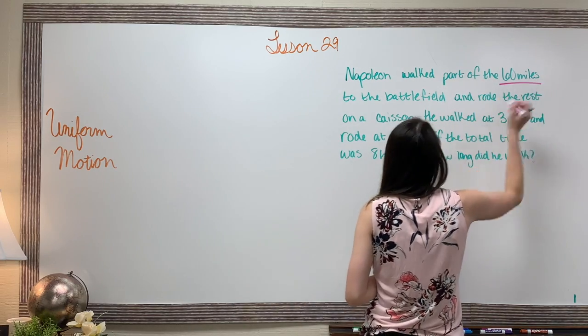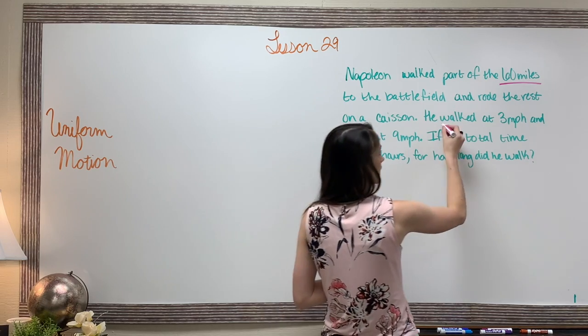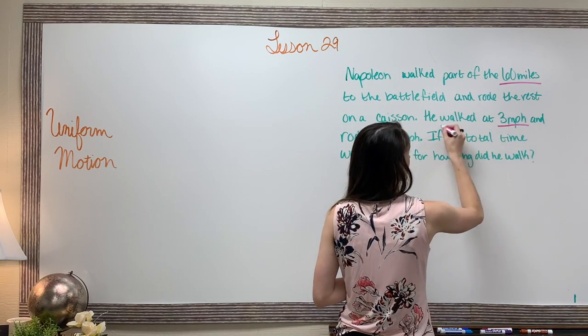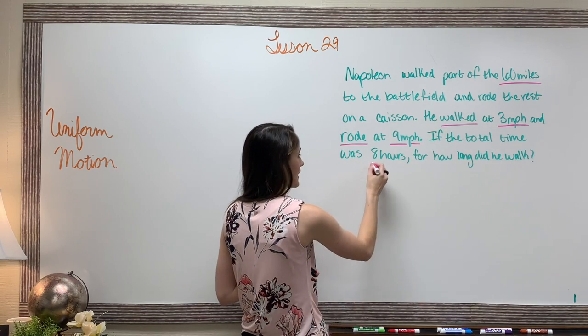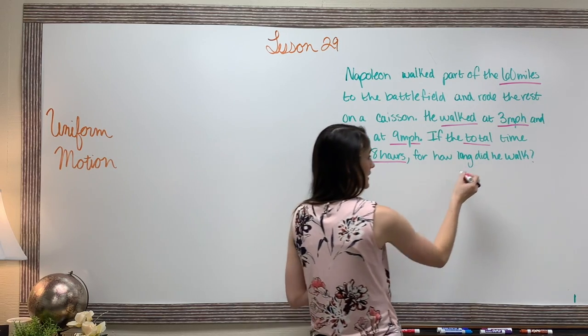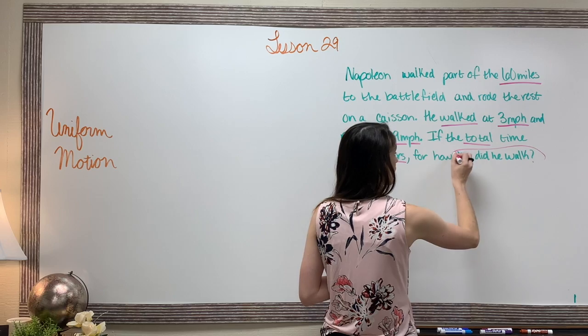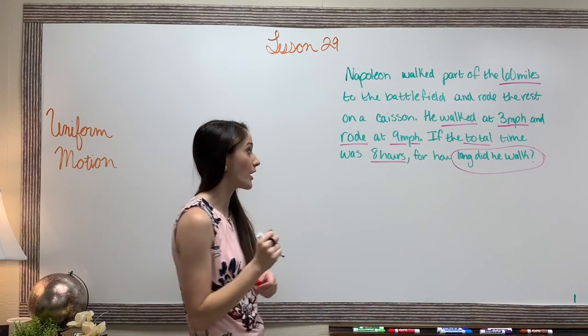So 60 miles is the total distance. He's going to walk and he's going to ride. So we have 3 for walking and ride is at 9. And then the total time is 8 hours. And then the most important thing, how long did he walk? That's asking for time of walking.